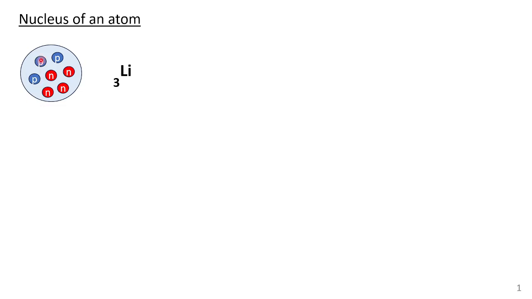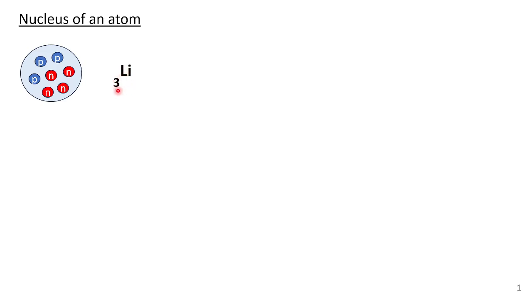For example, this nucleus has 3 protons, so it is the atom having atomic number 3. It is lithium. If you are familiar with the periodic table, you can understand that: hydrogen, helium, lithium. Atomic number 3 is lithium.